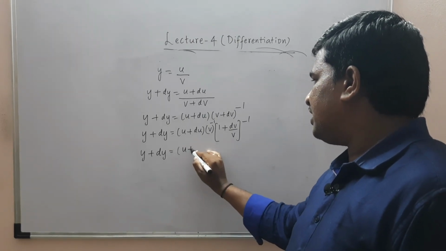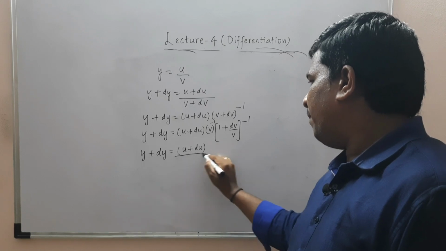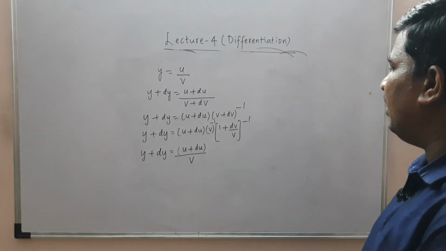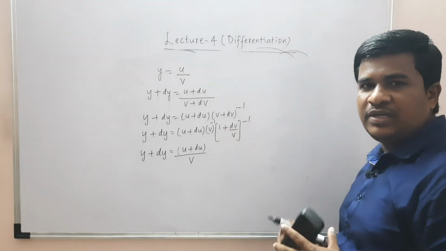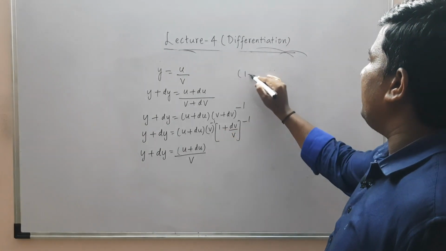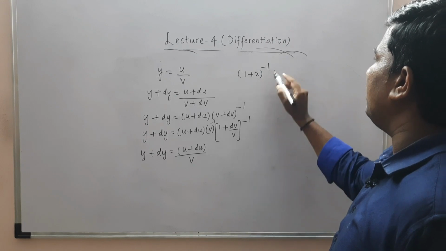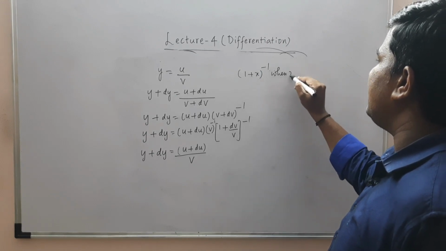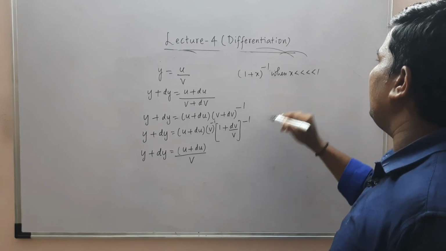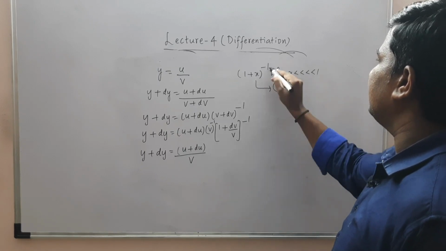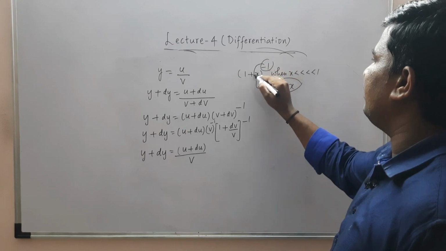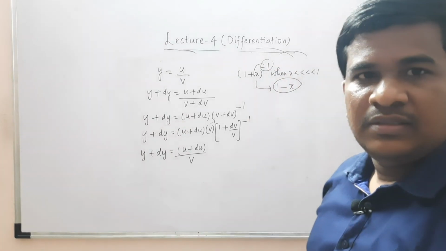So let me write u plus du by v, and this is 1 plus dv by v whole power minus 1. Just now we have seen 1 plus x whole power minus 1. When x is very much smaller than 1, it can be approximated to 1 minus x.